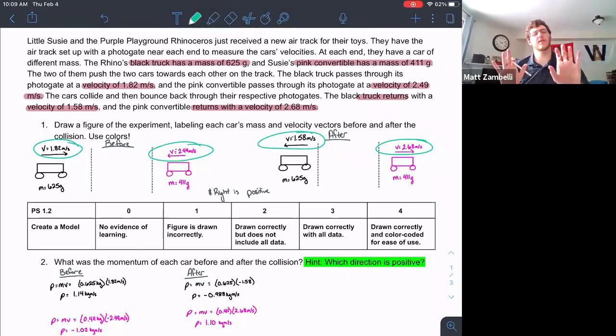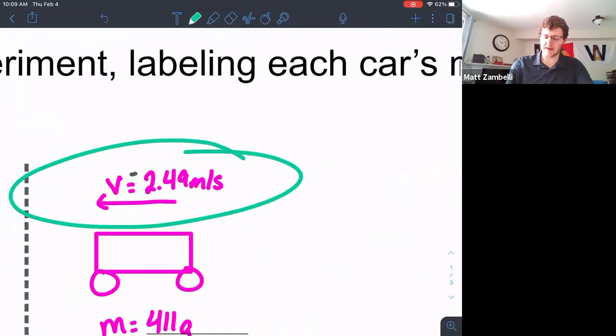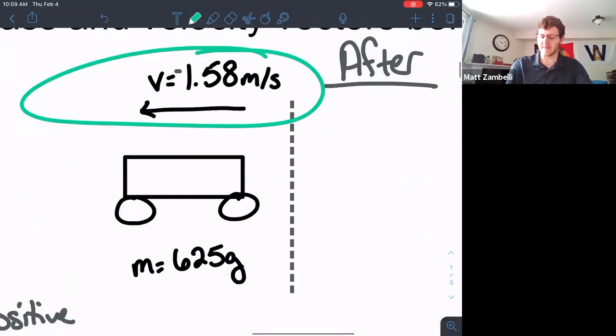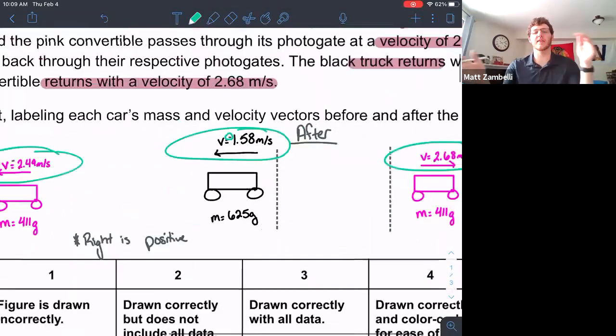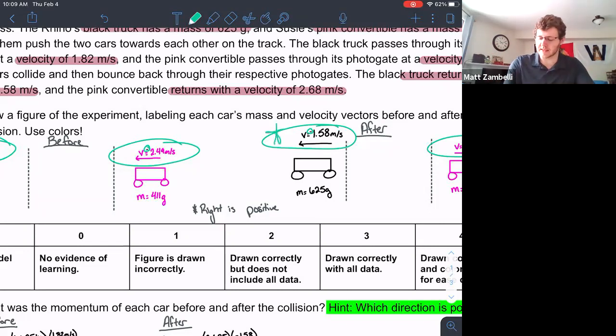The one thing that you could or could not put here, it's up to you, is if you wanted to put that negative sign right here and the negative sign right here, or the negatives on the other guys. So if your negative was to the left or the negative was to the right, whichever way you put your negative, you didn't have to put them up in this part necessarily.